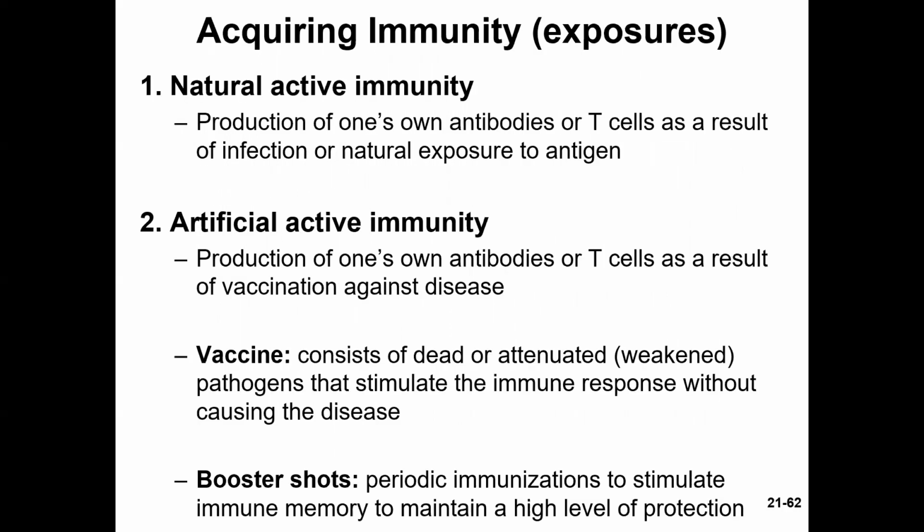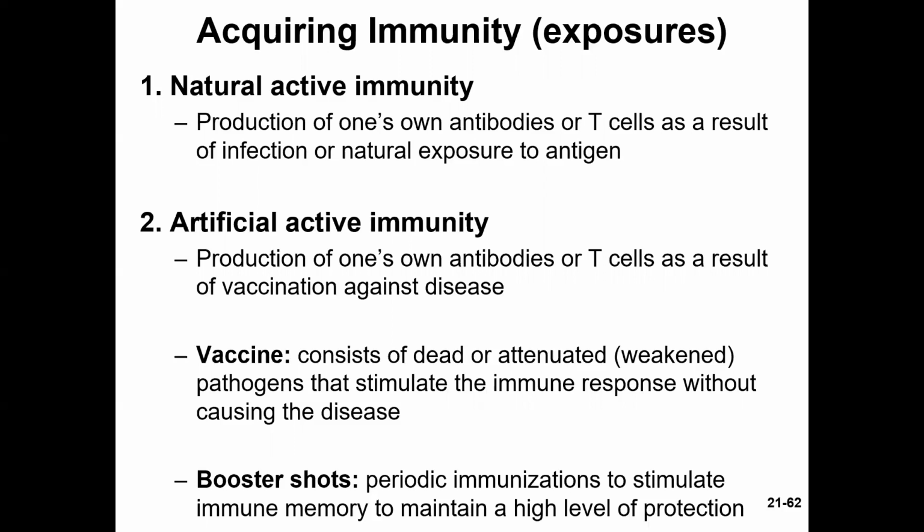So, acquiring immunity, which is exposures. There's natural active immunity. This is the production of one's own antibodies or T cells as a result of infection or natural exposure to an antigen. Artificial active immunity is the production of one's own antibodies or T cells as a result of vaccination against disease.